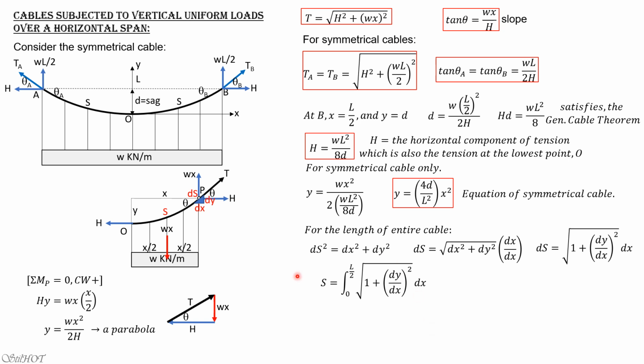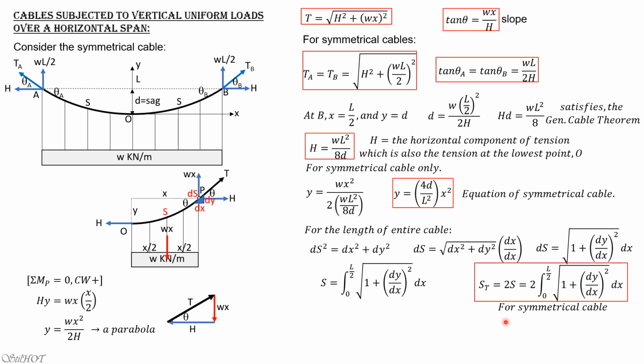But because a high-tech calculator is not allowed, we will proceed by deriving the exact formula and the approximate formula for the length of the cable. The total length is just double this length. So 2s equals 2 times the integral from 0 to L over 2 of the square root of 1 plus (dy/dx) quantity squared dx. That's the expression for the total length of cable.